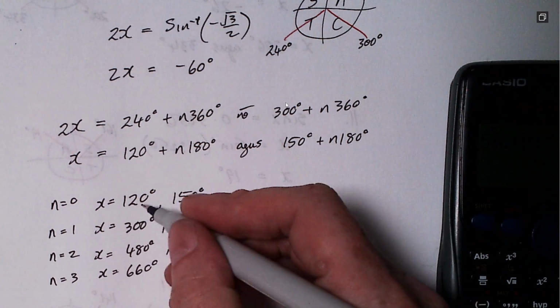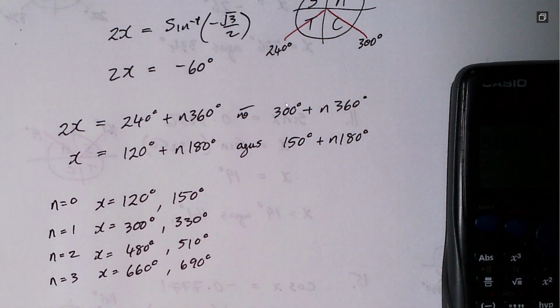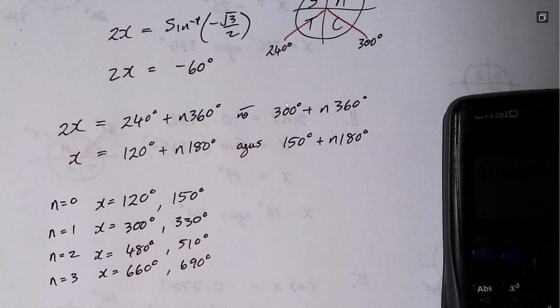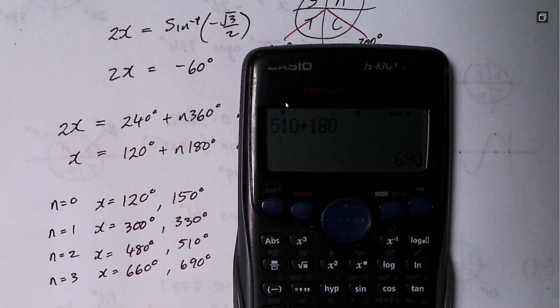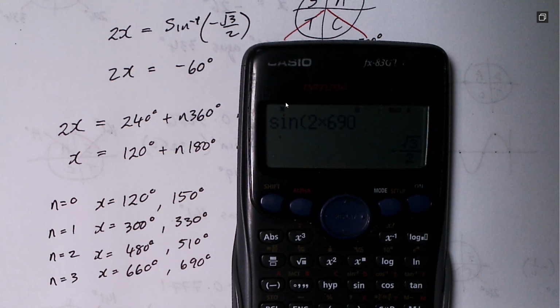Now you can do a quick check of the value. Take x equals 690 and make it 2x, so it will be sine of 2 times 690, which gives minus square root 3 over 2. So you can show that.